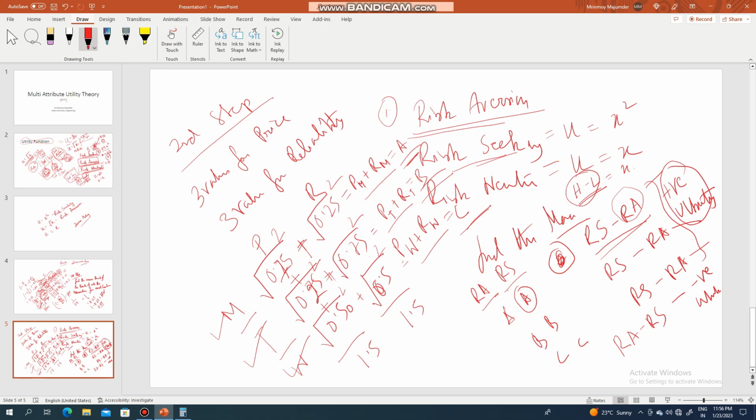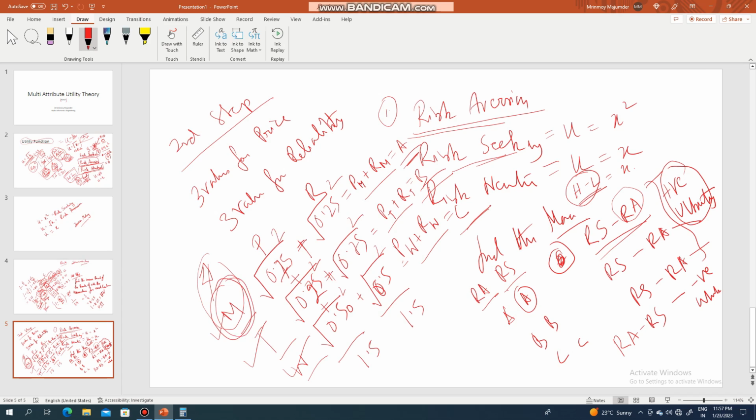So if the value of RS minus RA for Maruti is highest compared to Toyota and Wagoner, then Maruti will be the preferred solution. Okay.